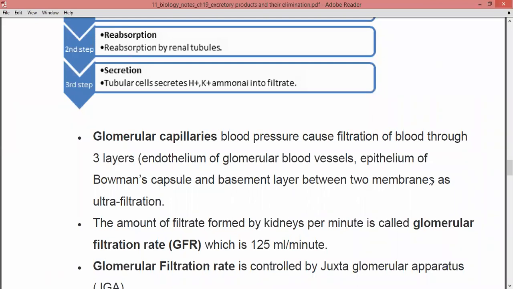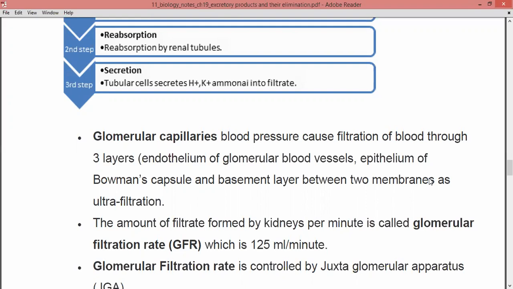And the third is the basement layer between the two membranes, the endothelium and the epithelium. These are the three layers through which glomerular filtration takes place. So the first step is glomerular filtration.